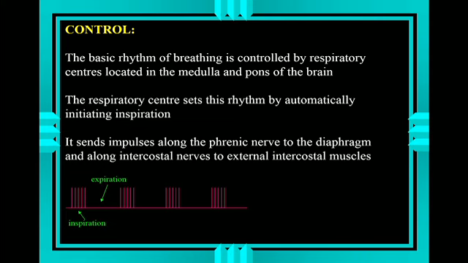I mean, that's a limitation to how fast you can breathe. Obviously, you can't breathe 200 breaths per minute because you need to have time to get air in and to get air out. So there is a limitation. But you just reduce this quiescence period. The inspiratory volleys become closer together, and that means you breathe more rapidly. And that's all we're doing. It's nothing more complicated than that.